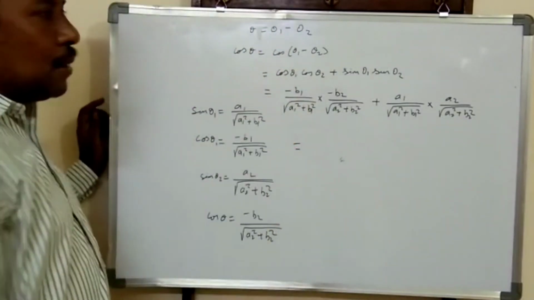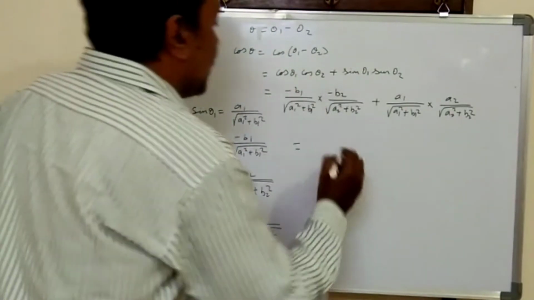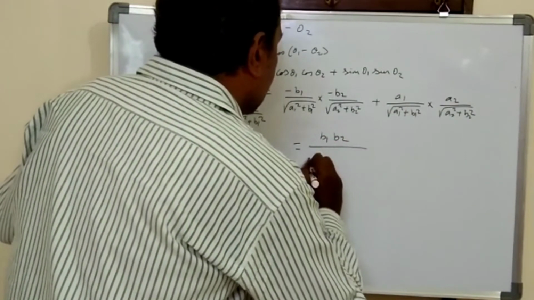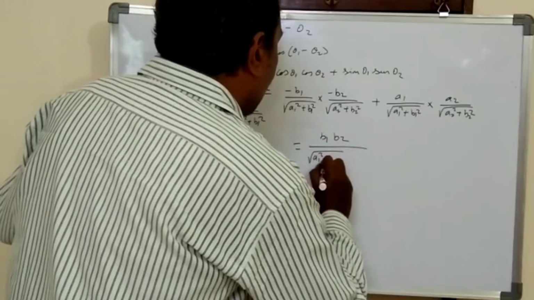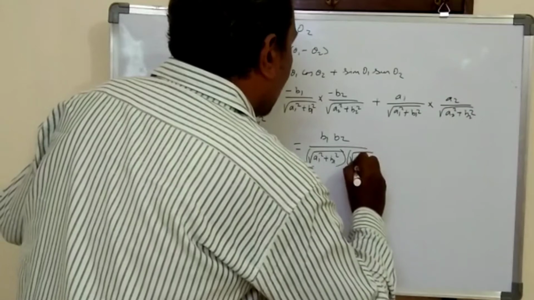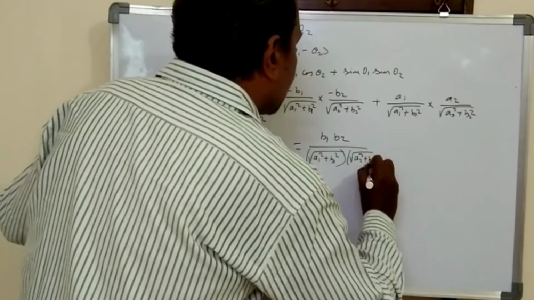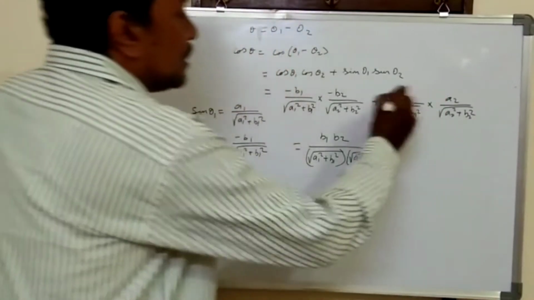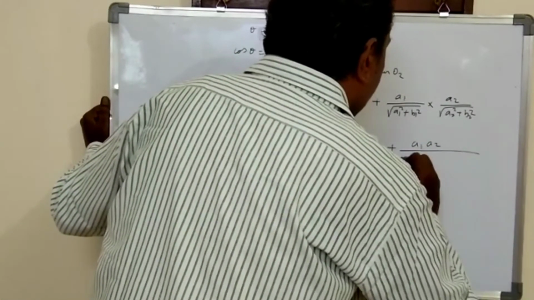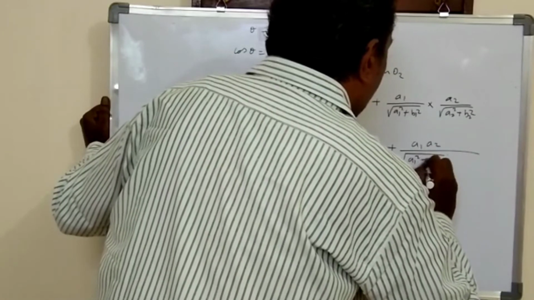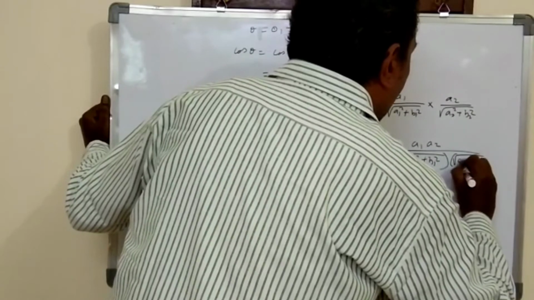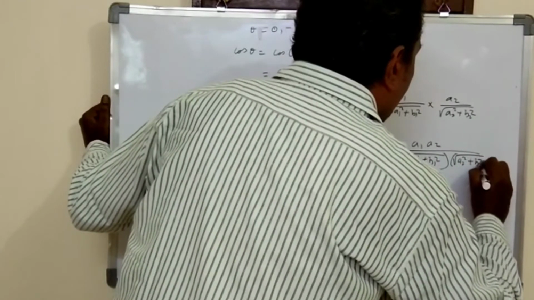Now write the product. Minus into minus is plus. So you can write it as b1 b2 by square root of a1 square plus b1 square into square root of a2 square plus b2 square, plus the product of these two, a1 a2 by square root of a1 square plus b1 square into square root of a2 square plus b2 square.